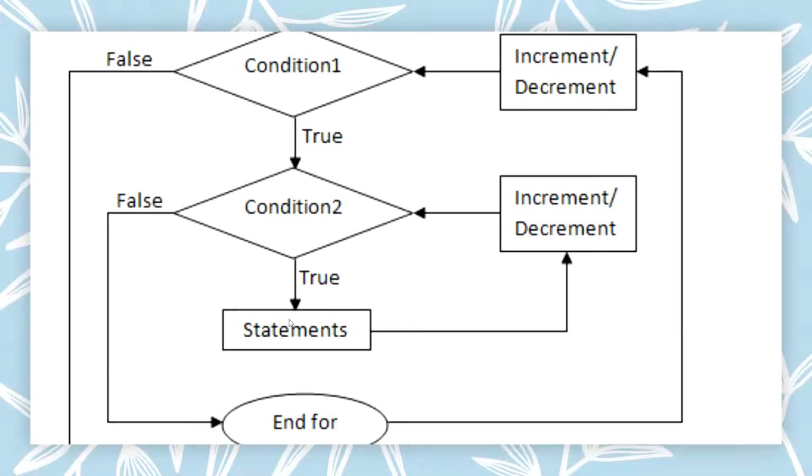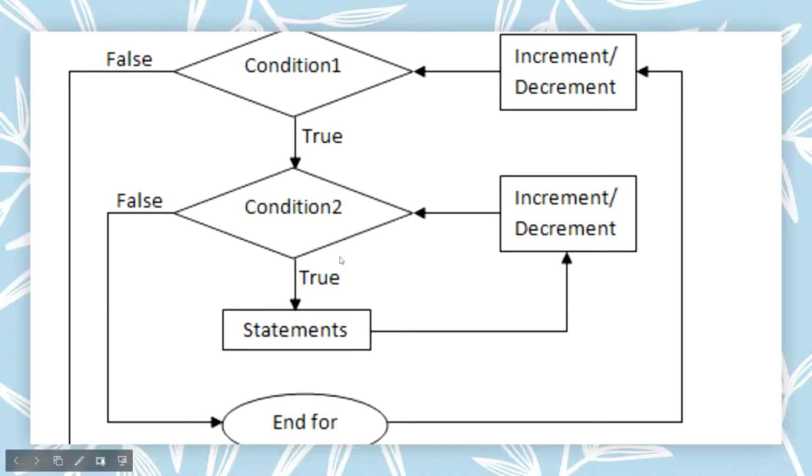After it prints 5, this condition would be false. Then the inner loop would end. Now it goes to the outer loop. The outer loop is going to print as many times as we want. It will print the inner loop.